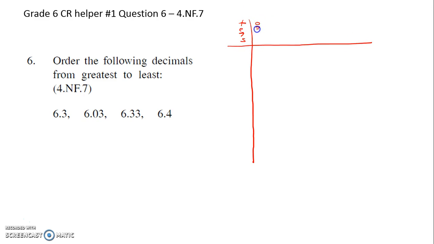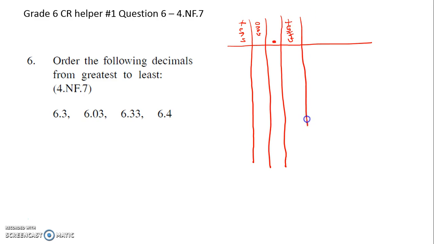I could do ones. And then I'd have a lovely little decimal point. And then I'd have my tenths. Then I'd have my hundredths. I'm spelling that wrong. Hundredths.